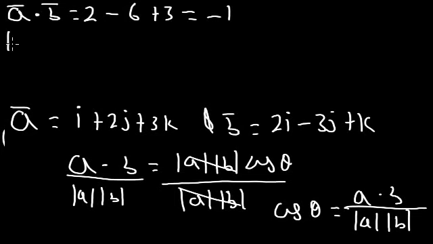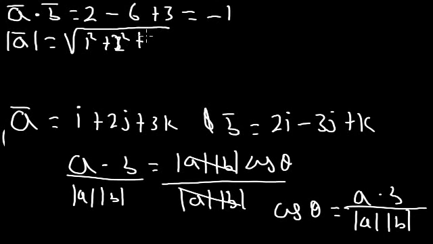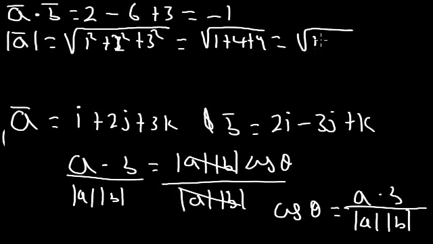Now, what will be the magnitude of vector A? That will be nothing but the square root of 1 squared plus 2 squared plus 3 squared, the sum of the squares of the components of vector A. That will be the root of 1 plus 4 plus 9, which is the root of 14.